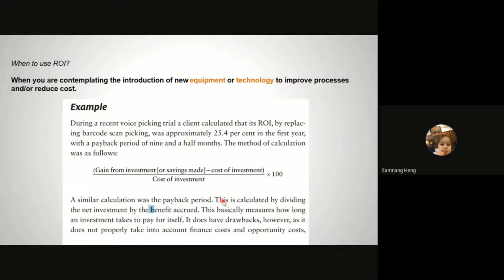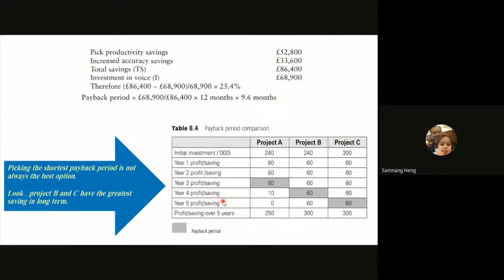Okay. Here, this is the number that they give us. So the pick product saving. When the company invests in voice picking recognition, they use voice recognition technology to pick up inventory.